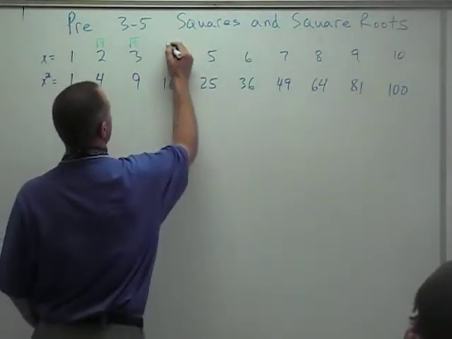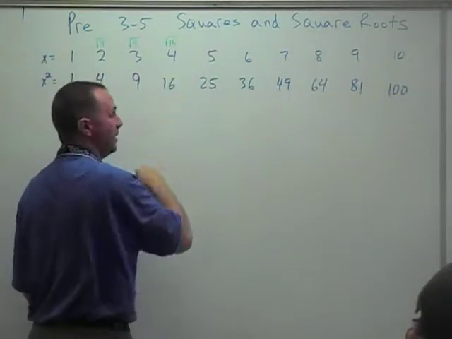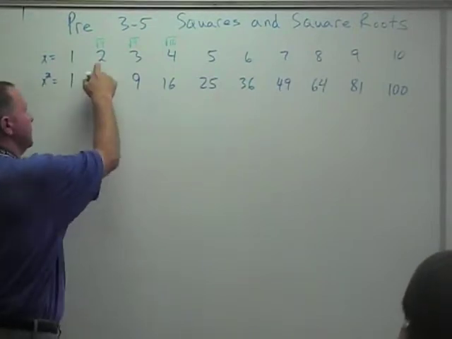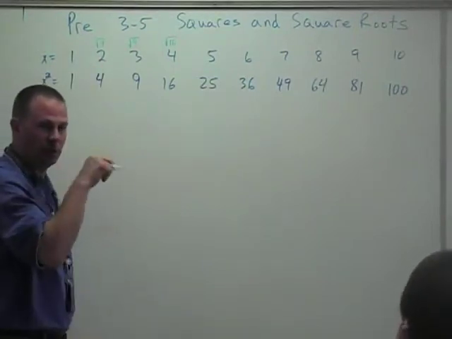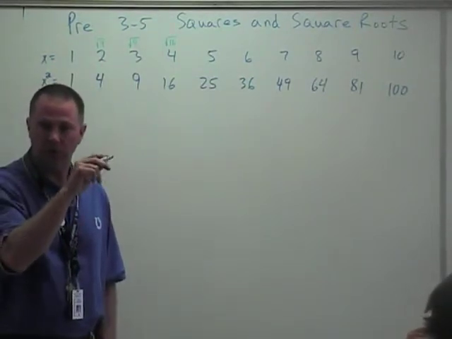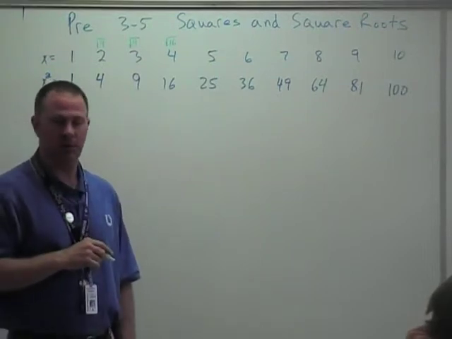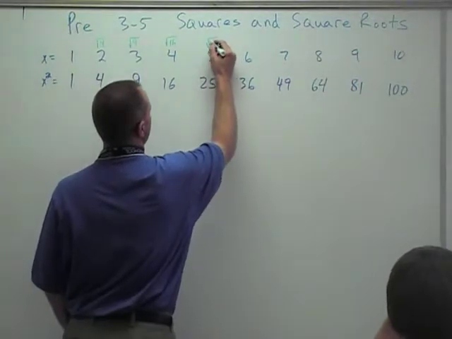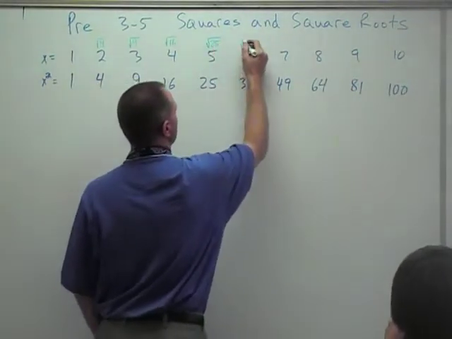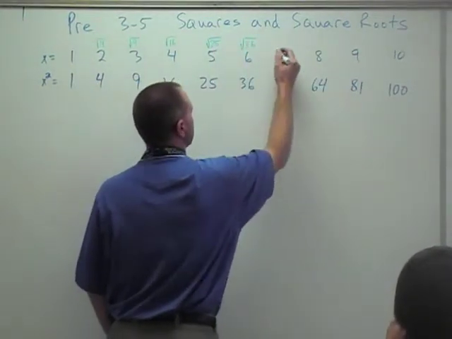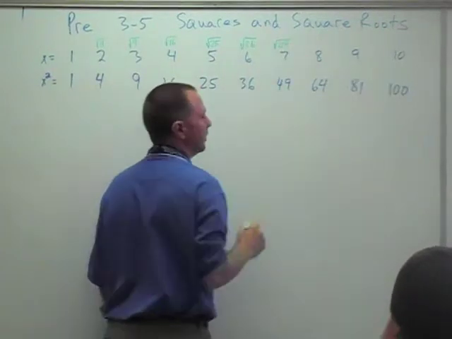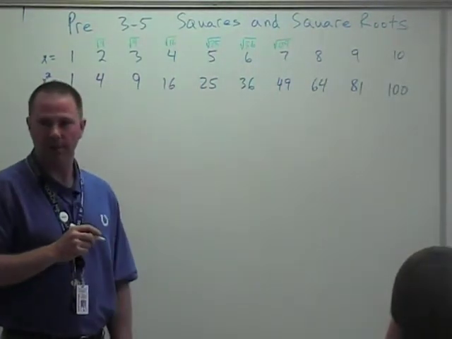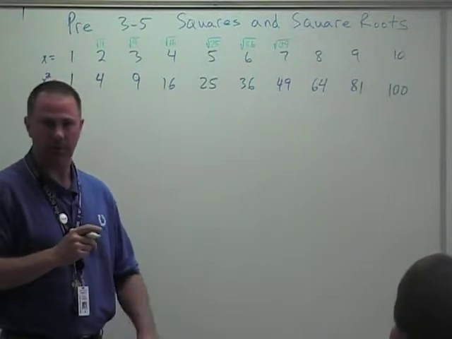The square root of 16 is 4, not the square root of 4. The square root of 4 is 2. So once you take the square root, you leave the radicand off. That's what that little symbol means, okay? So the square root of 25 is 5, the square root of 36 is 6, and so on. Okay? Got it? All right.